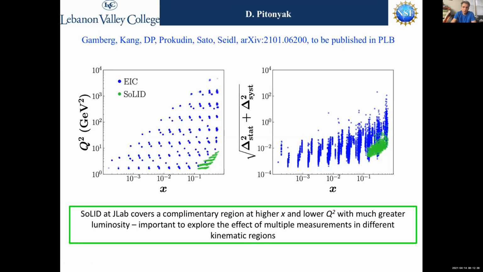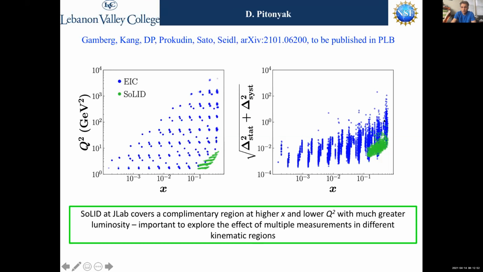And this corner here can be filled in by Jefferson Lab, and we used the SoLID projections from Jefferson Lab that would cover here the complementary region, this corner here towards larger values of x.